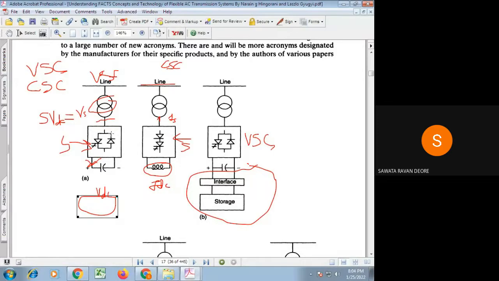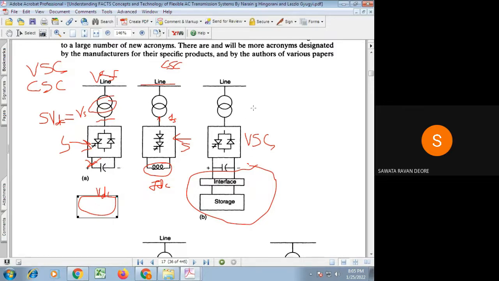Because if we control these switches such that this V is making an angle, such that with whatever line current there is, it is rather than quadrature, then in that case real power exchange will happen, and because of that this capacitor will get fully discharged within a cycle. So once it is fully discharged, it won't charge and its working will stop.